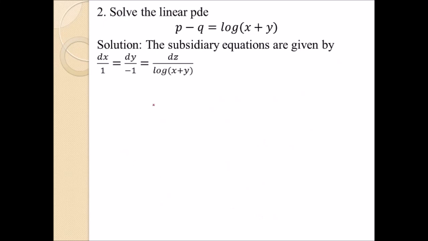We move to another one. Sometimes the first solution is used to get the second solution. Here is the example: dx by 1 equals to dy by minus 1.